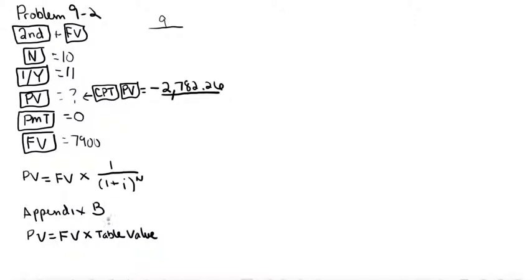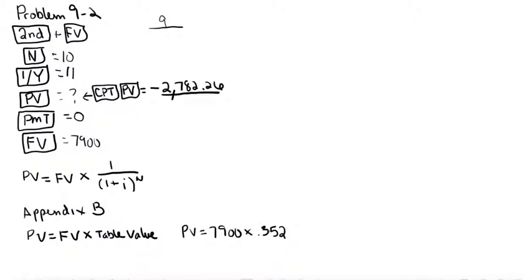Now with Appendix B, you can do the same thing. PV, our present value, equals 7,900 times the table value, and the table value is based on the number of periods, 10 periods at 11%. If I use the table properly, I look at the column for 10 periods and the row for 11%, and I get 0.352.